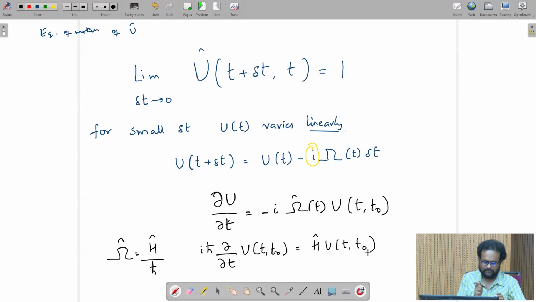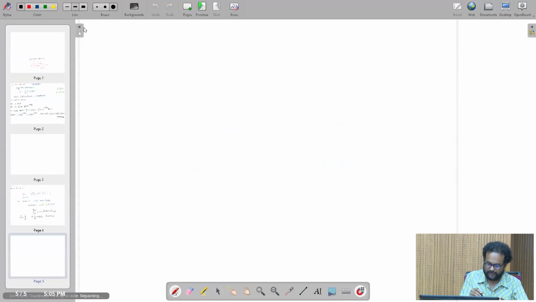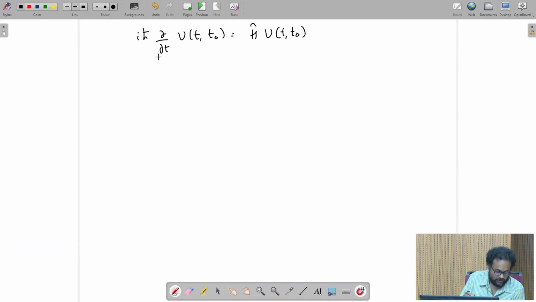Okay, so let's try this. Let's try to integrate this. I'm going to rewrite this. I remember this already. So I'm going to see if I take i h cross d over dt of U(t, t naught) equals H U(t, t naught). You also know that if I multiply by psi of t naught on both sides, you'll get the time dependent equation.